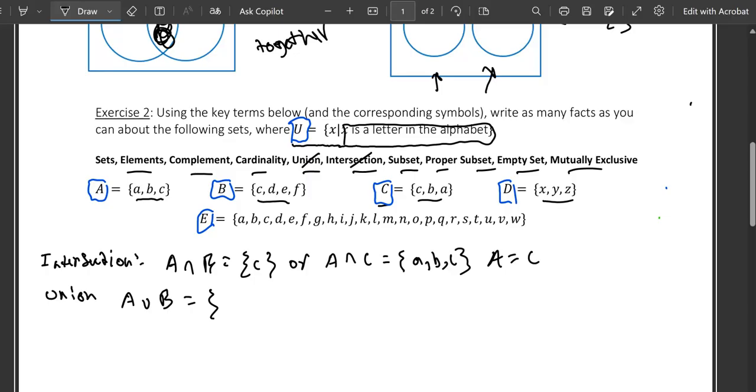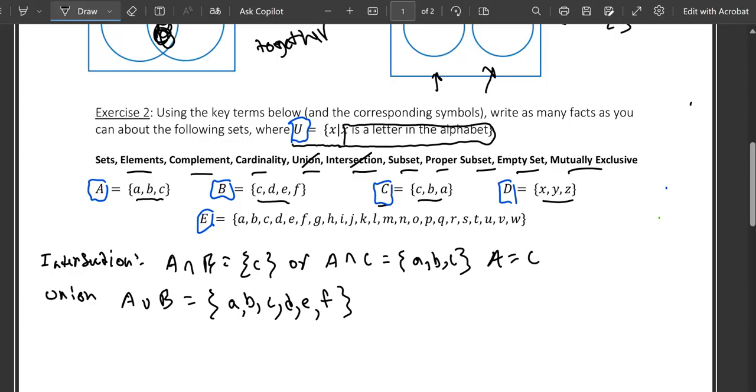So that would be A, B, C from set A. And then what do I have overlapping? I got the C's. I don't write it twice, I only write it once. And then I can do D, E, and F. All of one, all of the other, and all where they overlap. You don't write overlapping twice, okay? So there's your union setup.